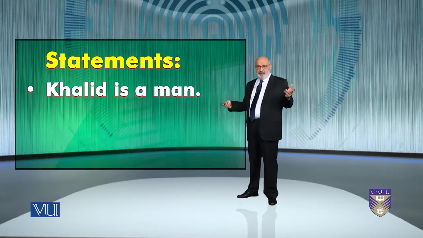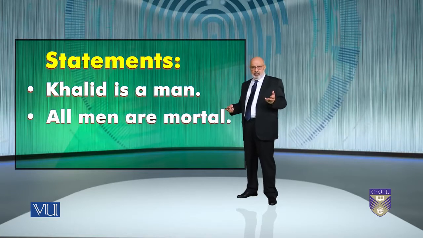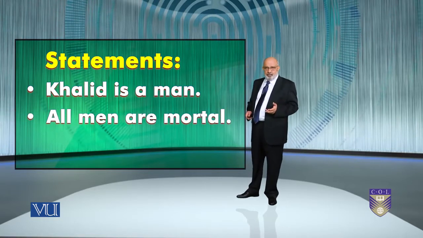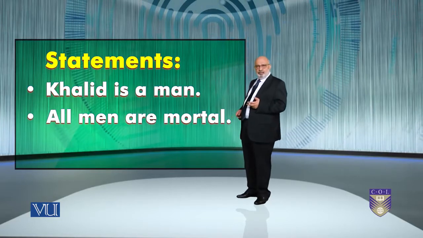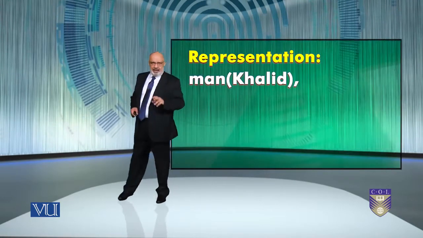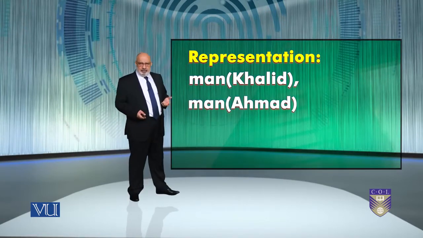So let's say there are two statements: Khalid is a man. This is a statement. And another statement: all men are mortal. Given these two statements, you can represent this in the form of logic as well. Man(Khalid), man(Ahmed), for instance.